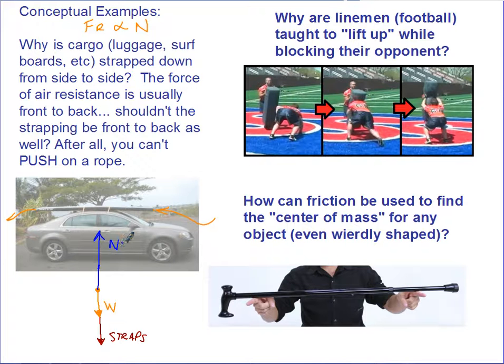Since I have a larger normal force, I have a greater amount of static frictional force that will keep that thing from blowing off of that car. Now, if this is trying to push the surfboard towards the left, the static frictional force, let me draw that here, this would be the force that the air is trying to exert.